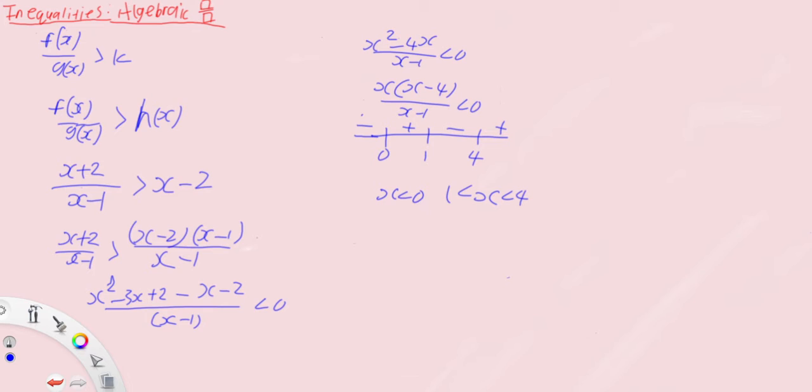Now let's say we change the question and introduce another factor. Again, we have (x plus 2) over (x minus 1) less than (x minus 2), but this time let's introduce another factor, let's say x plus 1. Same thing, do not just cross multiply, but make them the same denominator.